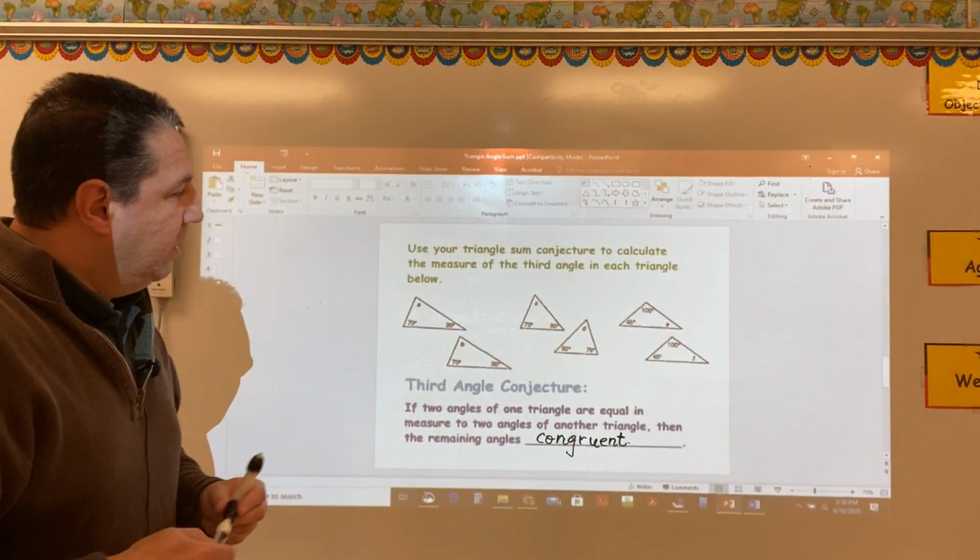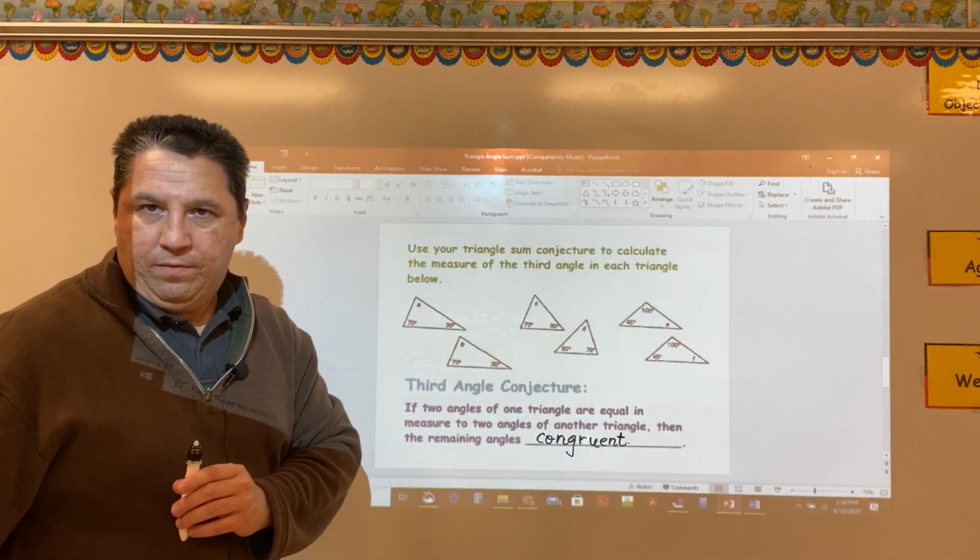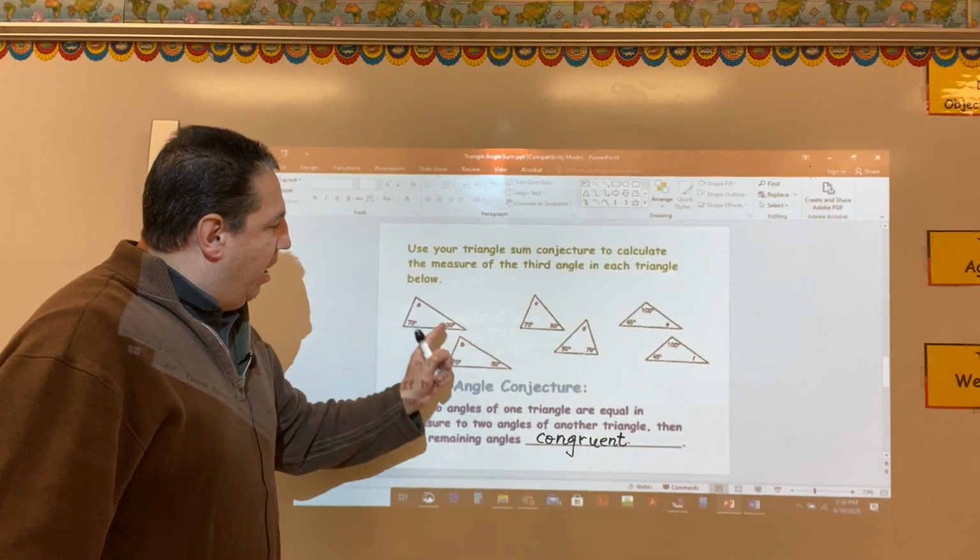For example, we have these 2 triangles. They are the same.